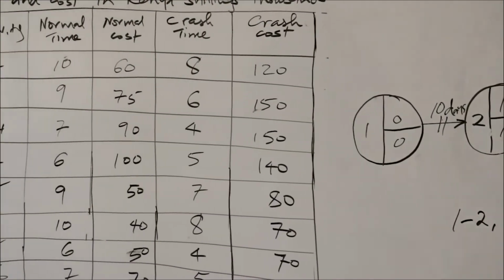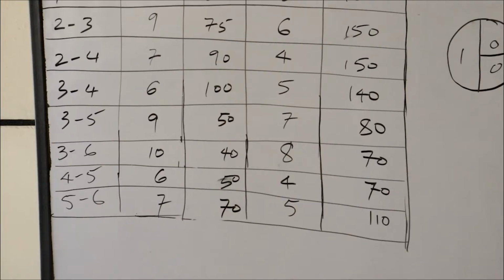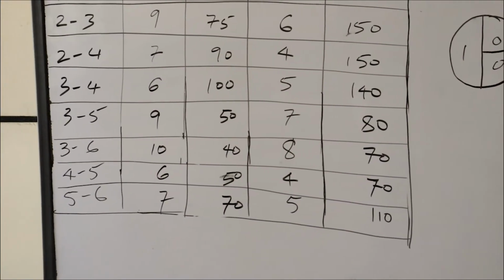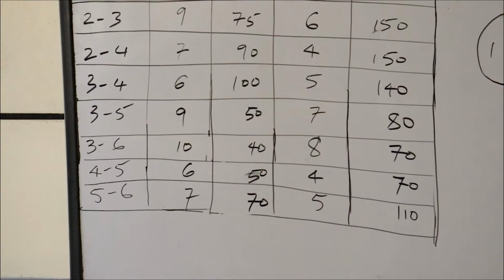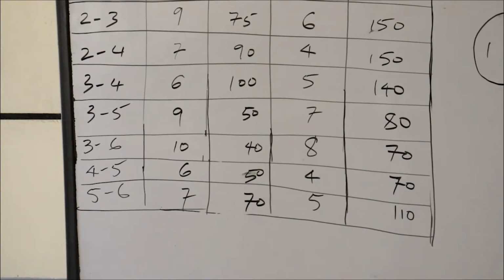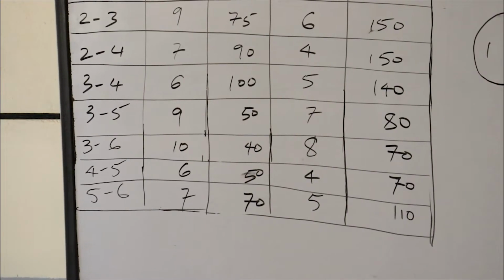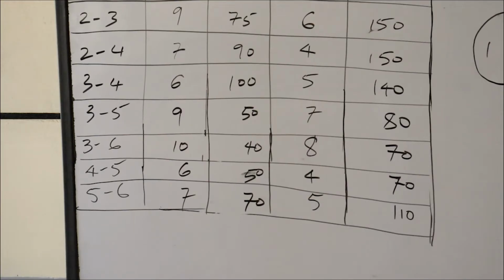Then we go to 4 to 5. The cost slope. 4 to 5 is 70 minus 50 all over 6 minus 4.